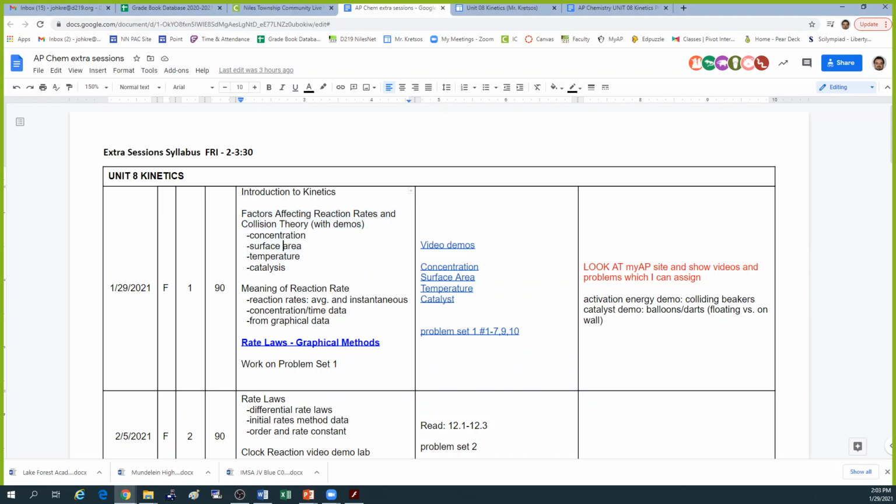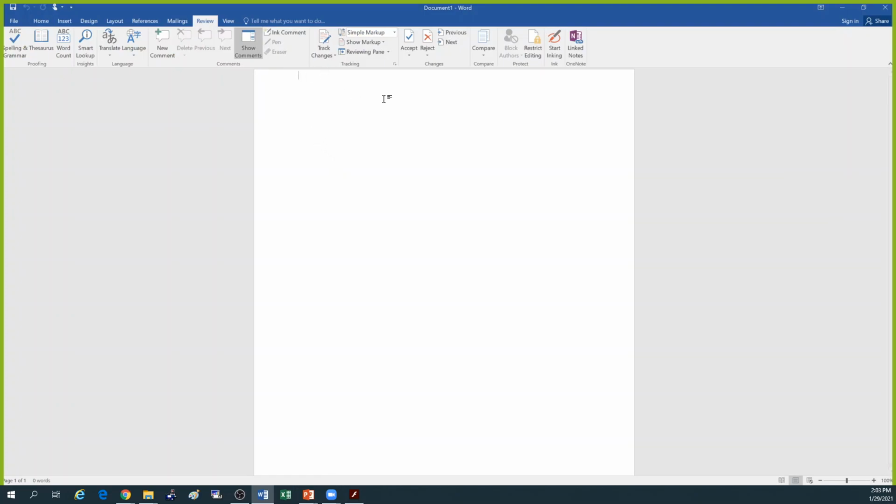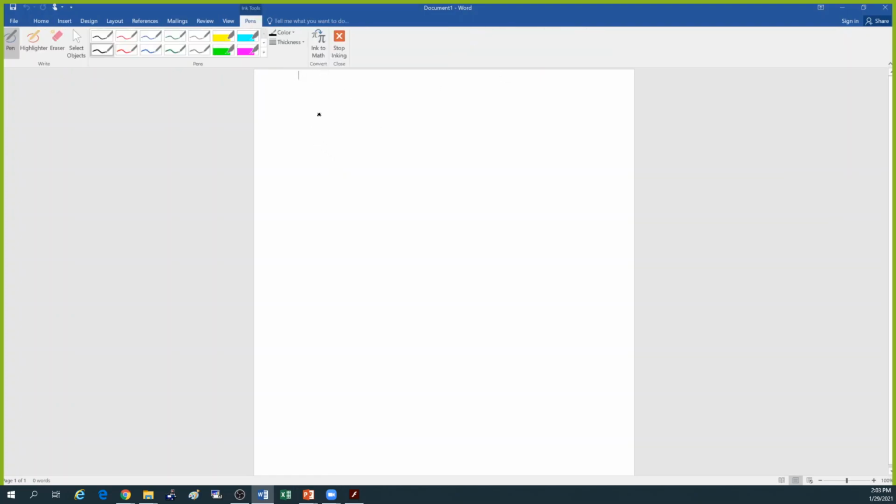And I bet you could probably figure most of this out on your own after I start with one really simple introduction. So the basis of what we call kinetics, which is basically the measurement, this is going to be under unit 8, even though we're in 9.